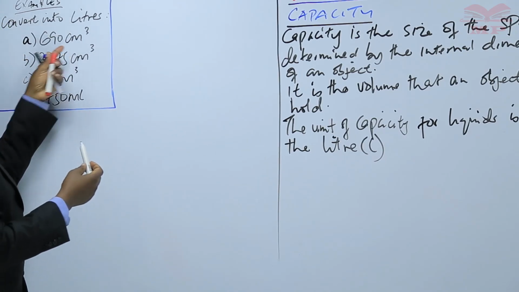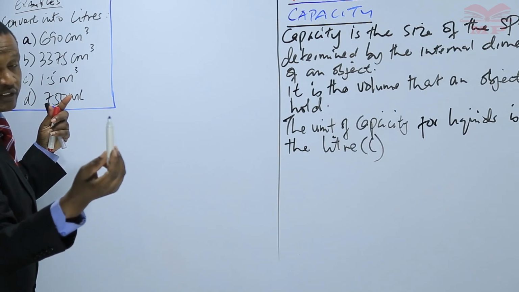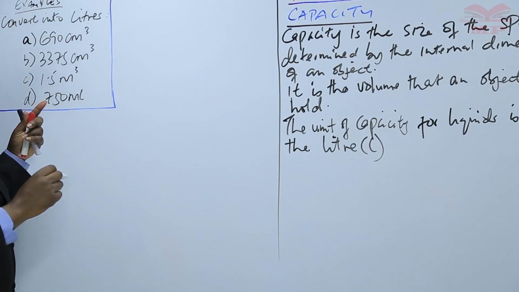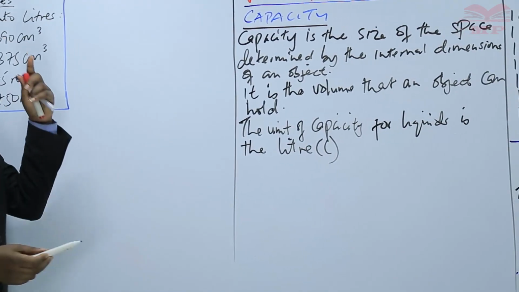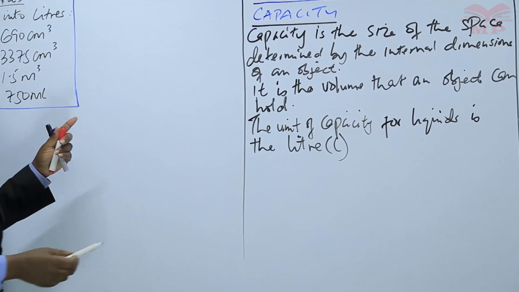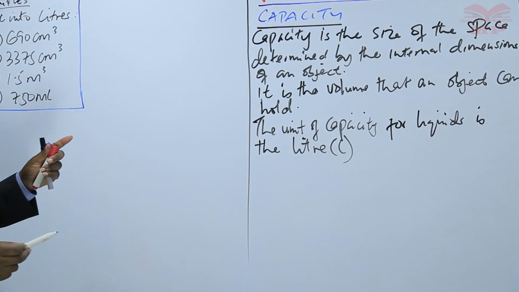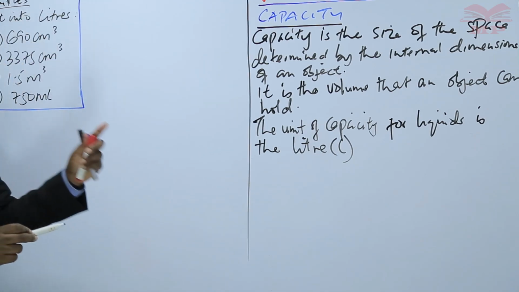Remember the topic, learners, is capacity. And what have we said about capacity? Capacity is the size of the space determined by the internal dimensions of an object. We also said it can be defined as the volume that an object can hold.